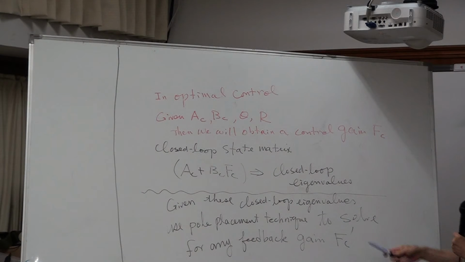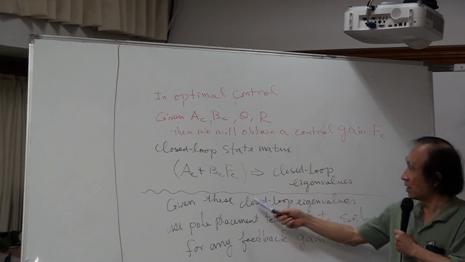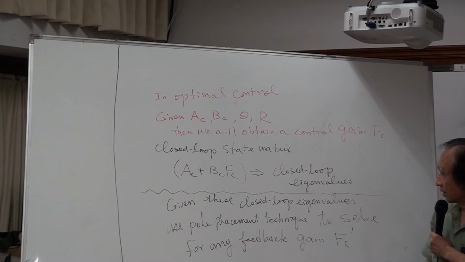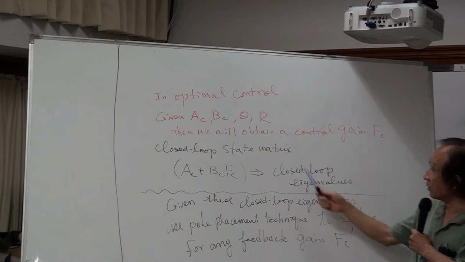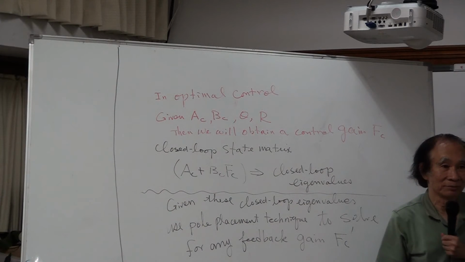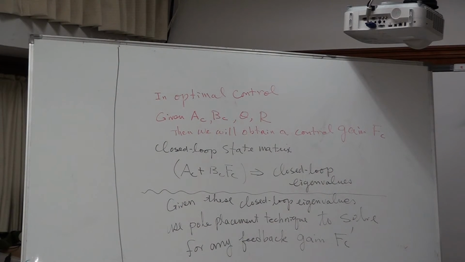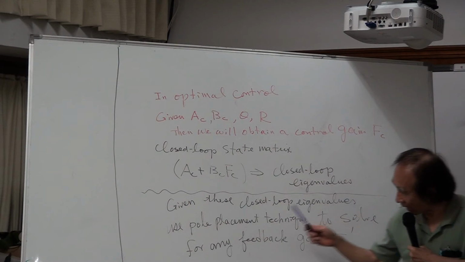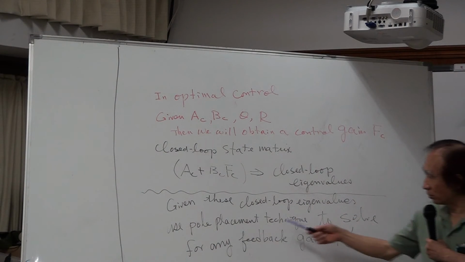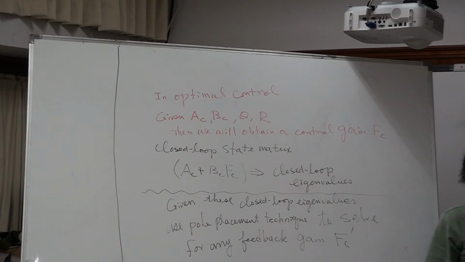Now I'm using the same AC and BC. Now I have closed-loop eigenvalues derived from my optimal control. Now I say, okay, I want to use these closed-loop eigenvalues, but use the pole placement technique to get another gain called FC prime. I can do that, right?